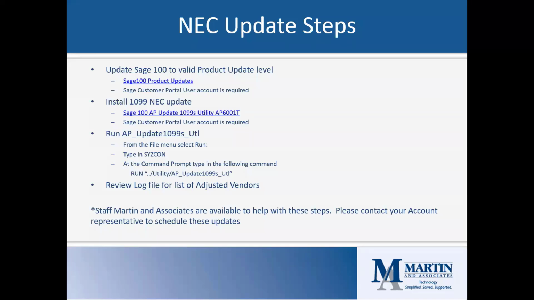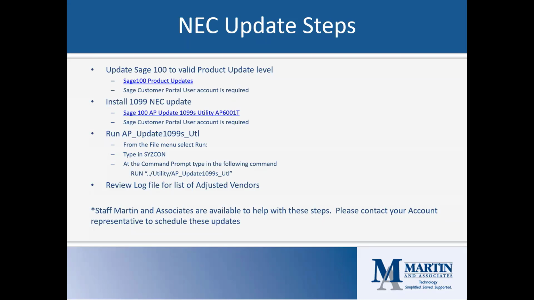The second step is, although the product update gave us the NEC changes, there was a patch to the utility that picked up your miscellaneous box 7 data and moved it into NEC box 1. So in addition to getting on the right product update level, there is also an update to the utility that moves data around.